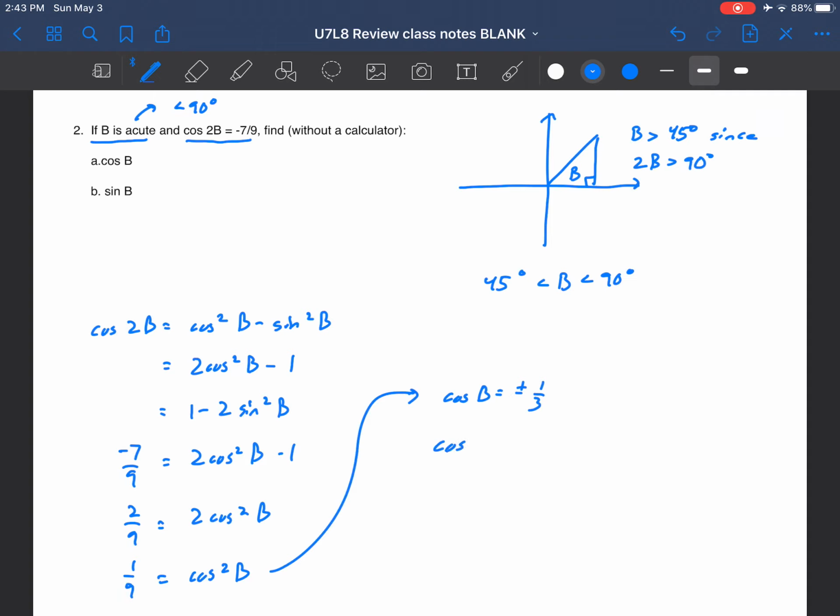So the cosine B has to be positive 1/3. It's in quadrant 1, not quad 4. And if we know that, now we can fill in our triangle. Cosine's adjacent over hypotenuse, so this has got to be root 8. Therefore, sine B equals root 8 over 3.